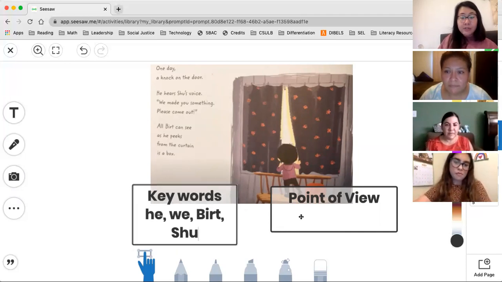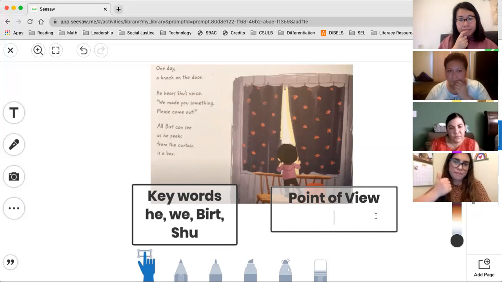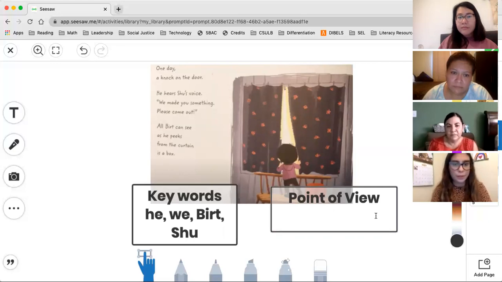Now we have to ask ourselves, who is using those keywords? Miss Yakimowicz? So from what I learned from Miss Hernandez and Miss Rosales, I see Bert in the picture, but in the words it says his name, so it can't be Bert. So it must be the narrator again.